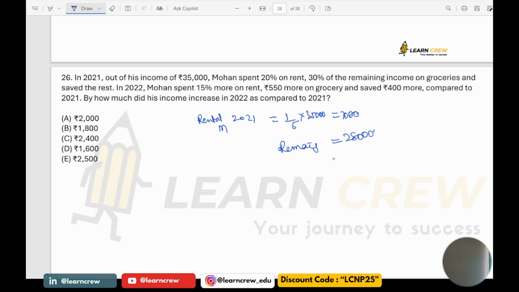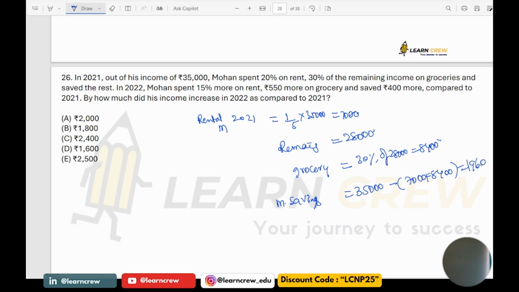Out of that, 30% he is going to spend on groceries. 30% of 28,000 is going to be 8,400. So Mohan's savings is going to be, out of 35,000, he is spending 7,000 and 8,400. So remaining is 19,600.